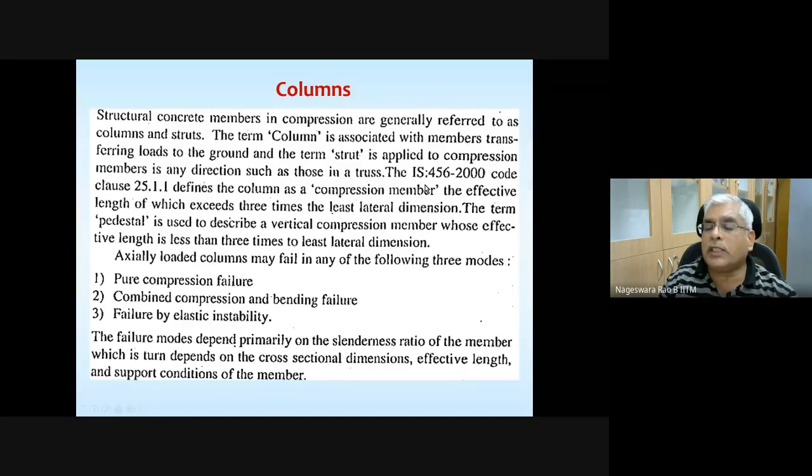Whatever procedure we are studying under columns is applicable when the effective length exceeds 3 times the least lateral dimension. Then only you need to provide reinforcement and go for an RC section. Otherwise, you can even adopt plain concrete for a pedestal.